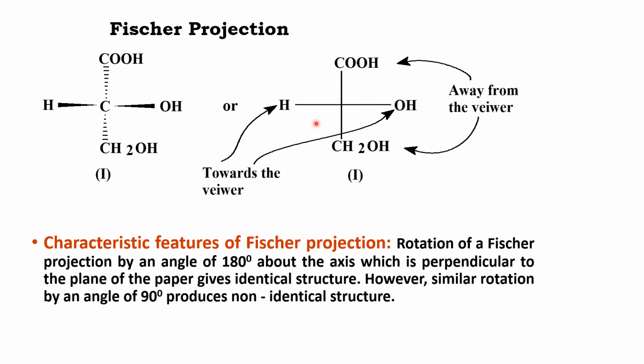So I have a vertical line and a horizontal line, and that intersection represents the asymmetric carbon atom, and the horizontal lines show that this H and OH are pointing towards the viewer, or it could be represented as a structure here, while the vertical line shows that the CHO and CH2OH are away from the viewer. So this is the projection formula.